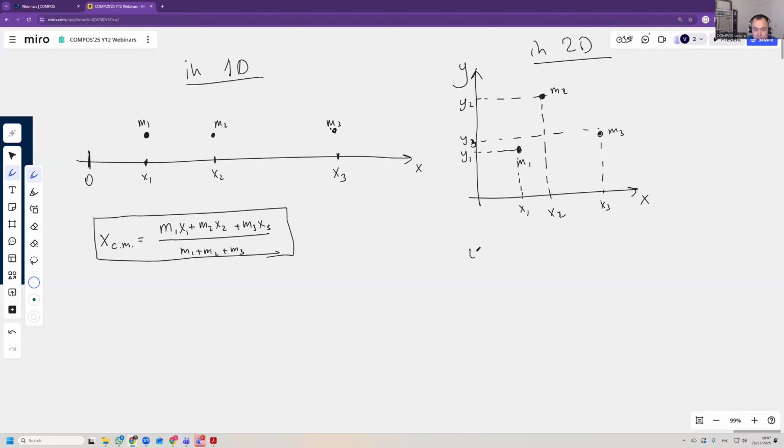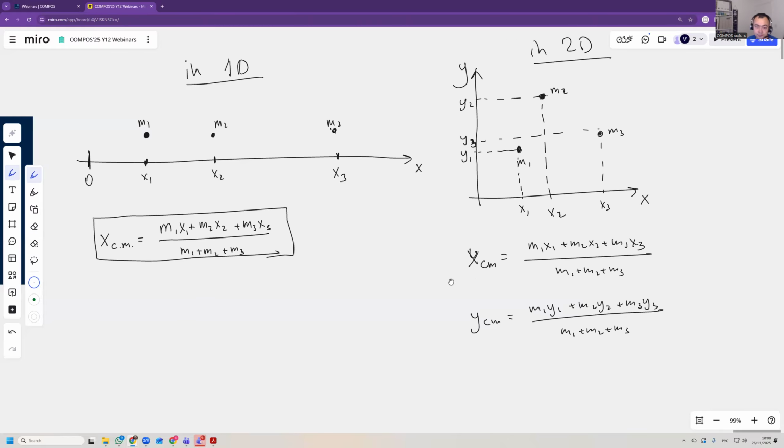Very similarly, X center of mass is M1 X1 plus M2 X2 plus M3 X3 divided by M1 plus M2 plus M3. And Y center of mass is M1 Y1 plus M2 Y2 plus M3 Y3 divided by M1 plus M2 plus M3.